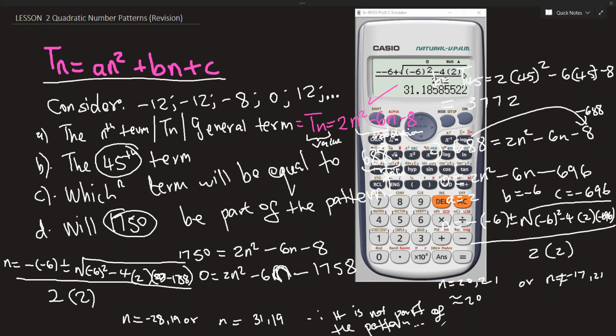Then your reason is n is an element of the natural numbers, but here you got a decimal that is rational, so it's not a natural number. So you are going to say it is not part of the pattern.